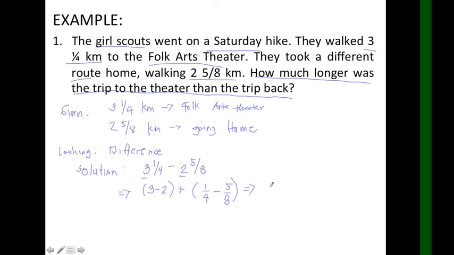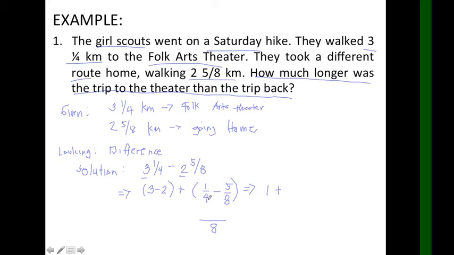Okay. Then, ang solution is 3 minus 2 is 1. Plus, for this one, this is 1/4 minus 5 over 8. So, kukunin muna natin yung LCD nila. Ang 4 at ang 8 ay may LCD na 8. Tama ba? So, pareho silang divisible by 8.